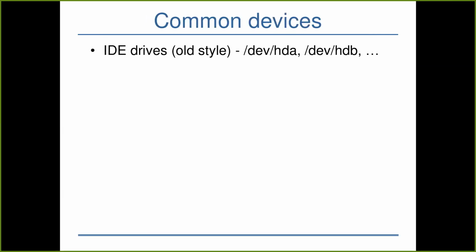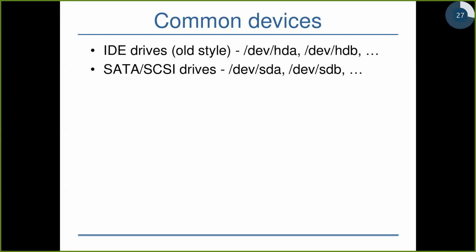Just some examples. Old-style drivers, like IDE drivers such as /dev/hda and hdb. I guess you will not see those unless you use VMs; at least natively, it's unlikely that you will see them nowadays on modern computers.